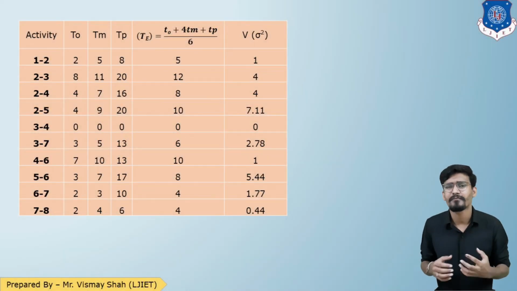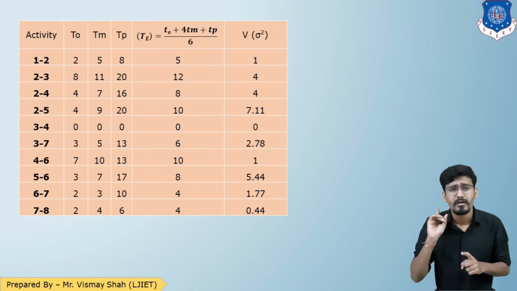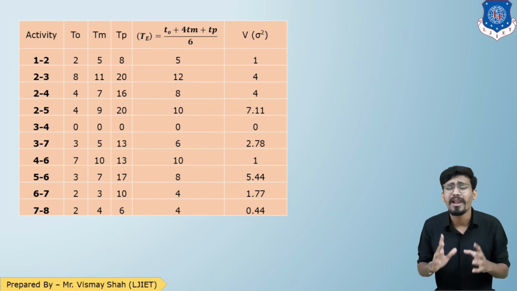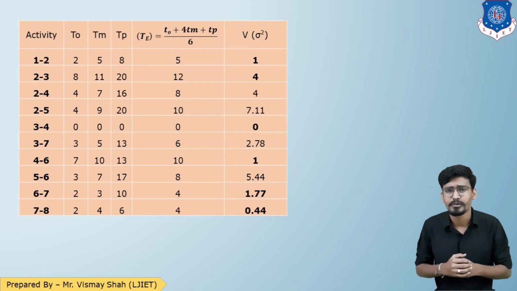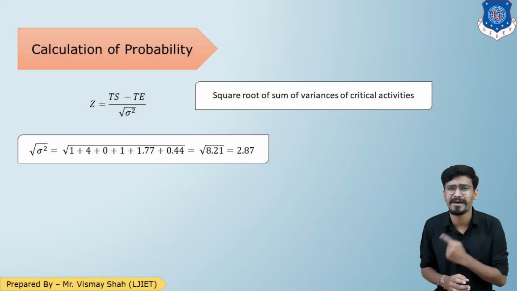Using that formula, we have calculated the variance of each activity, but in the formula of Z, all I need is the square root of the sum of variances of critical activities: 1, 2, 2, 3, 3, 4, 4, 6, 6, 7, 7, 8. I'll add up all those variances and take the square root. So the calculation of under root sigma square gives 2.87.